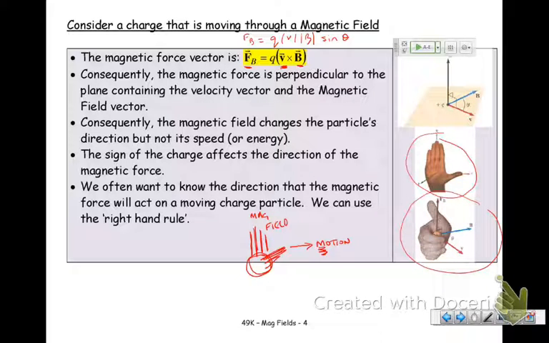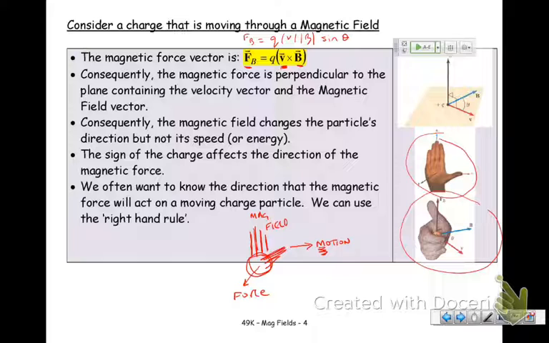That is the force. Some people do the three-finger version, where the thumb is the motion, and they only point one finger, and then the second finger points downwards, and they do it like that. Yeah, okay. Right hand rule.